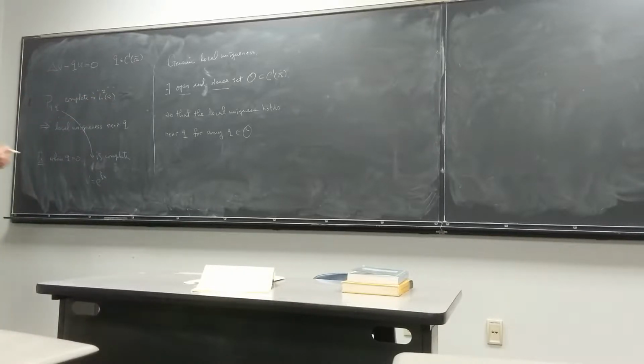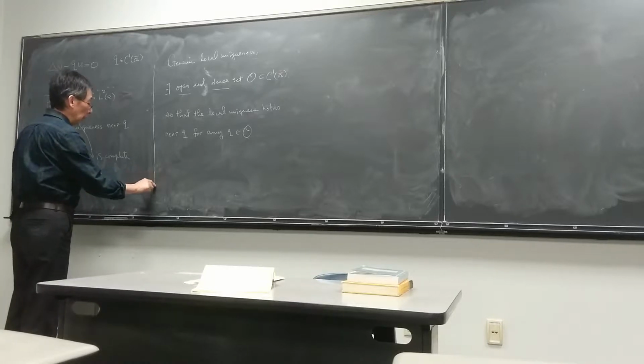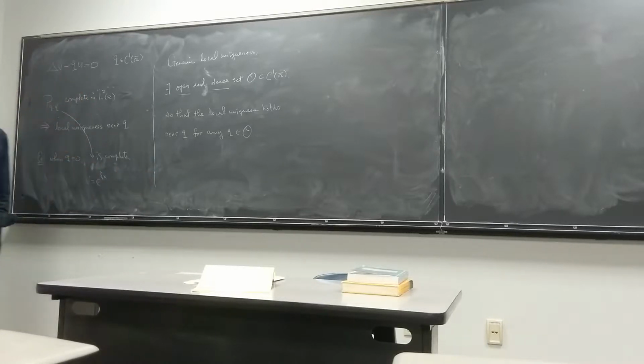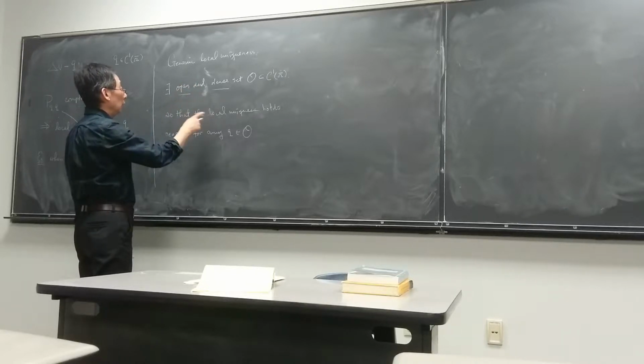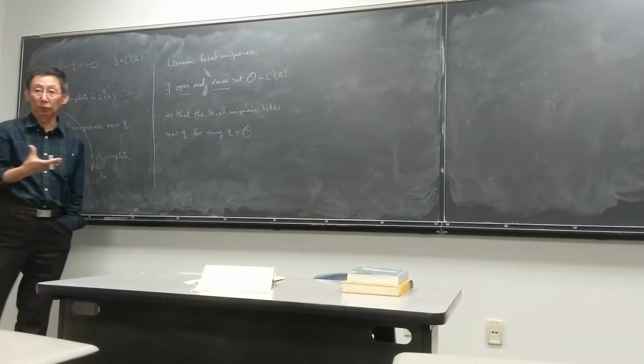But the reason we introduce this old result is because we want to see the thought process and also some technique. So this means that generically, the local uniqueness holds.